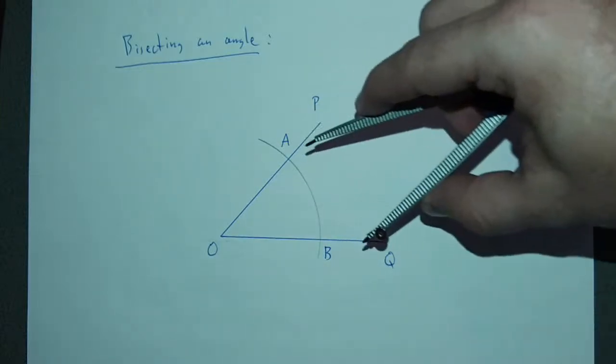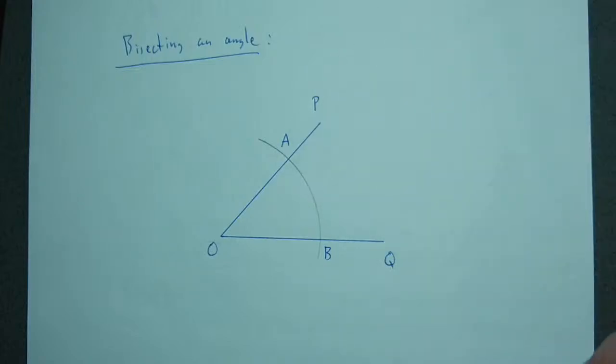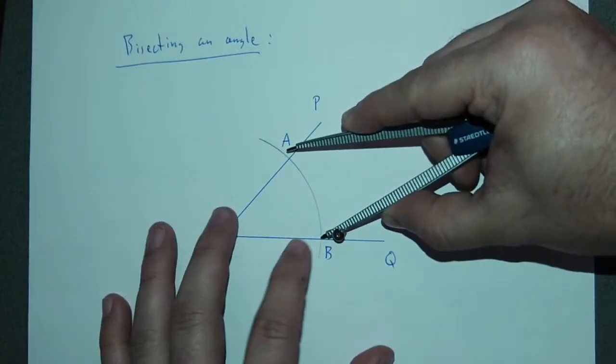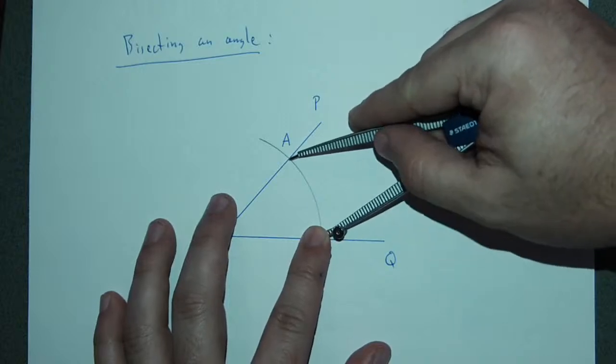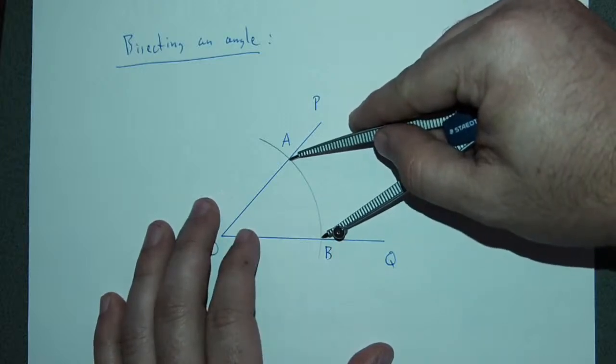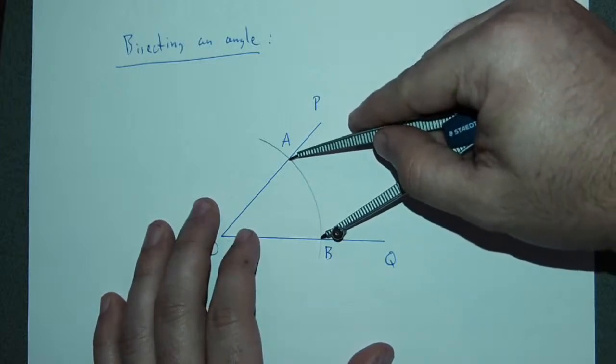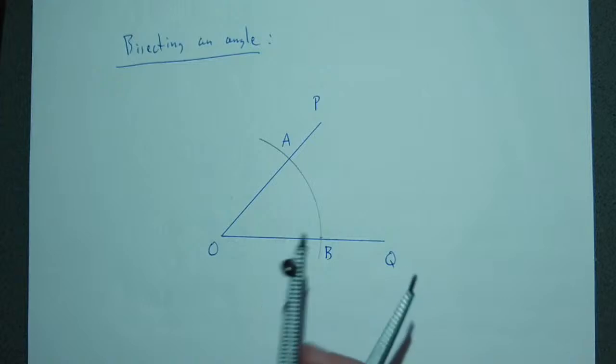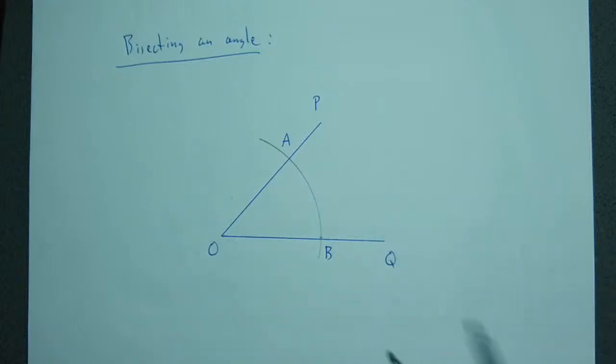So if I were bisecting the line segment between A and B, what would I do? I would set my compass to have exactly that distance recorded in it, the distance between A and B, or the length of that line segment. And then I would draw a circle of that radius centered at A and a circle of that radius centered at B. Okay, so I can still do that.